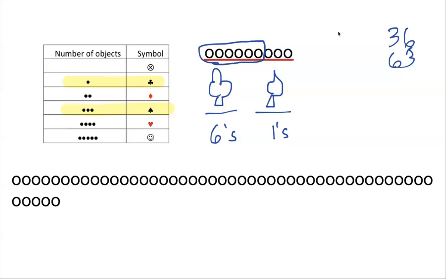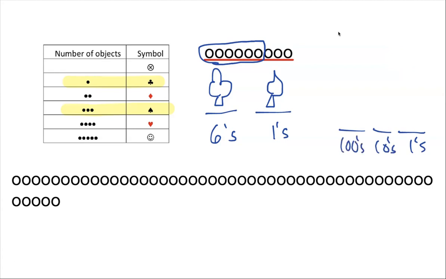Now think about base 10 real quick. In a base 10 system, your place values go ones, tens, hundreds, right? And where does that hundreds come from? Well, it's 10 groups of the previous place, right? So 100 is actually 10 times 10. So it's ones, groups of tens, and then groups of hundreds, right?